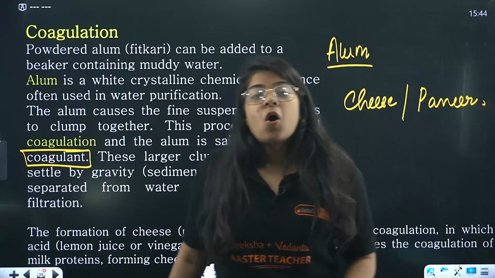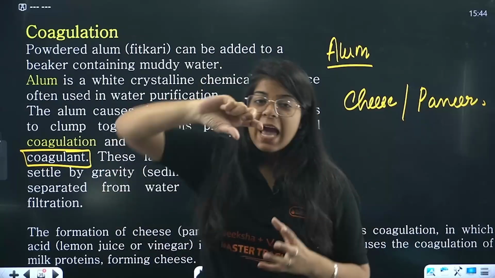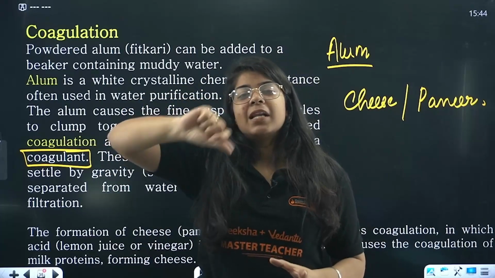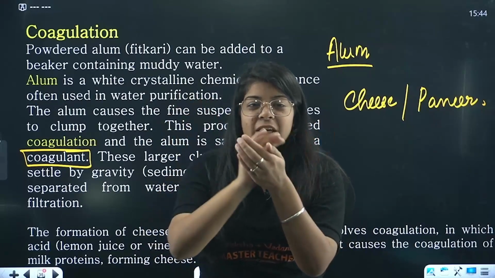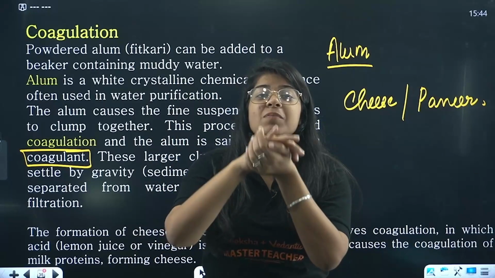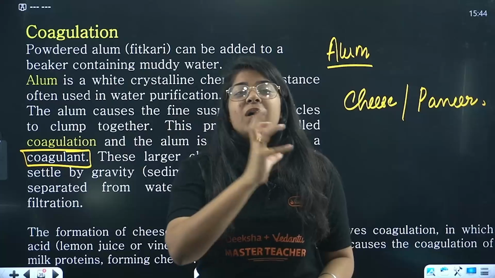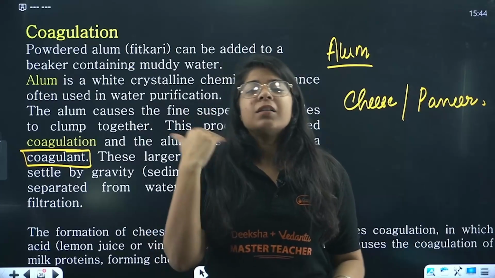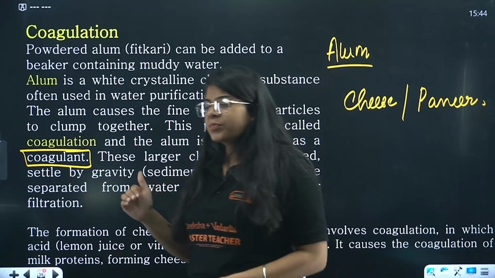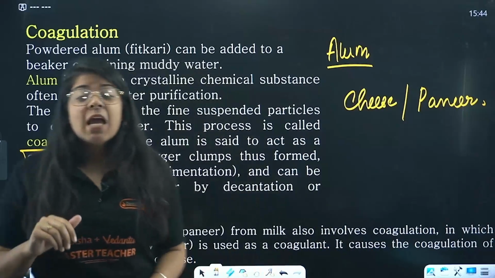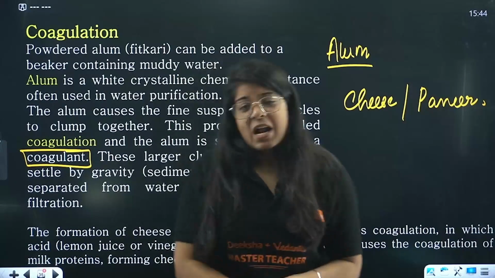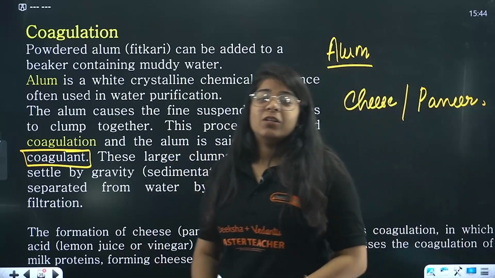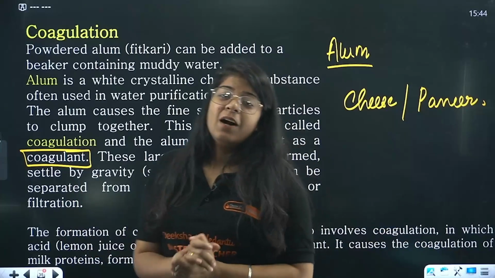That means all the particles come together. As soon as you put lemon in the slightly heated milk, all the milk particles separate out, come together, form big lumps, and they settle down, and upward you see almost not so pure water. It will be a little milky, but you will see all the paneer has gotten out. You'll extract out the water, and there you get your amazing cheese that we eat a lot, that is very rich in protein, right?